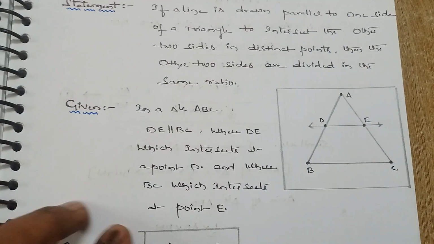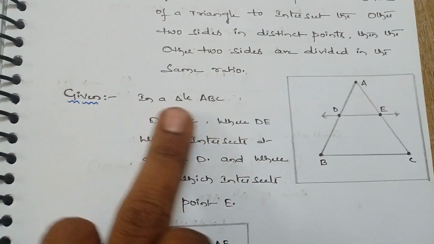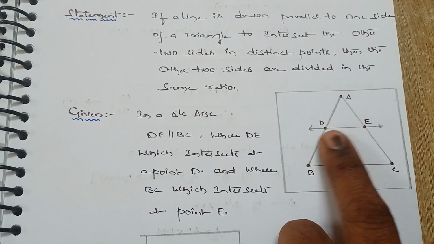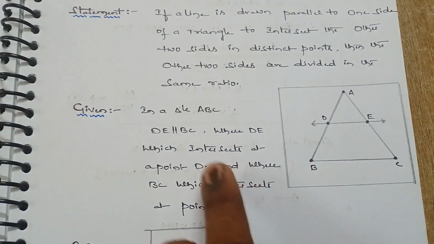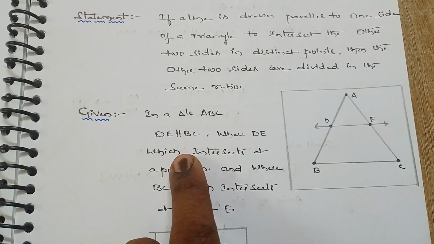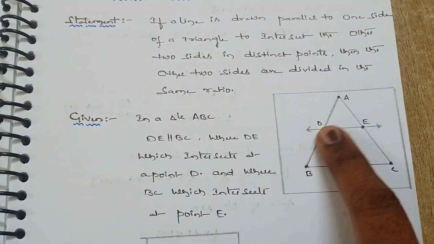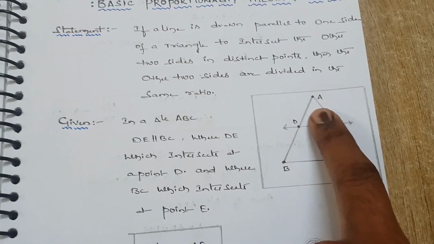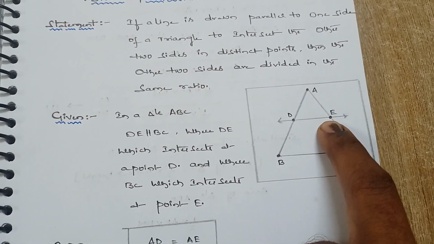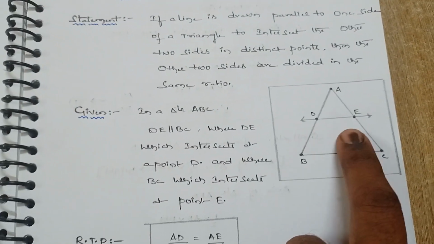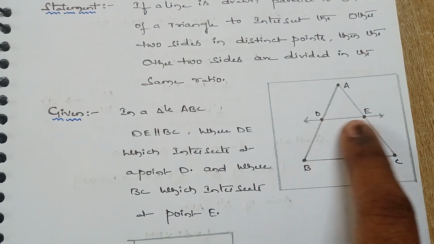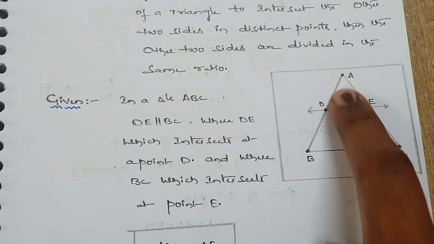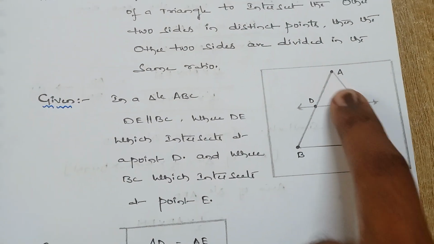We have to prove it. So first write down what is given in the question. In triangle ABC, DE is parallel to BC. This is the line which is parallel to the base BC, where DE intersects at the point D and at the point E, which means this line is touching two distinct points on the line segment AB and on the line segment AC.